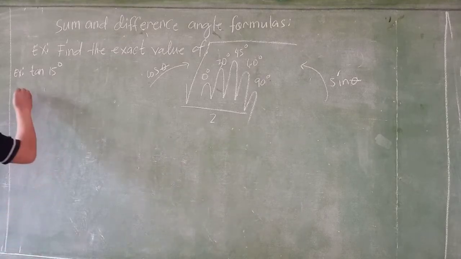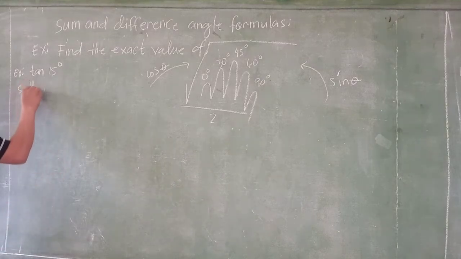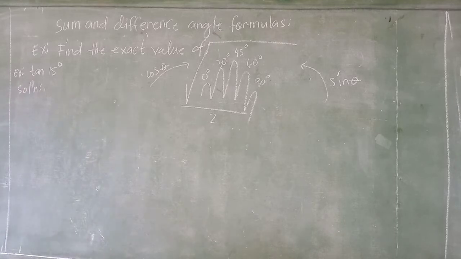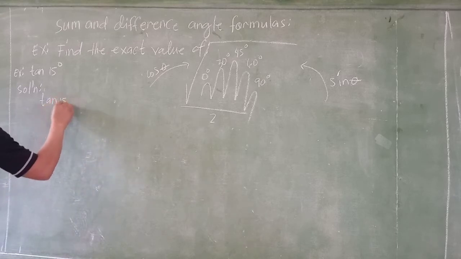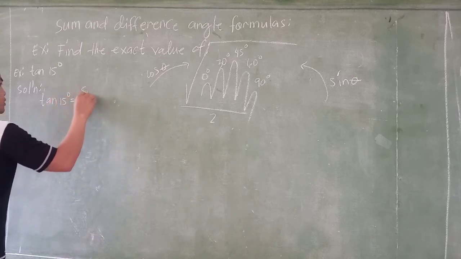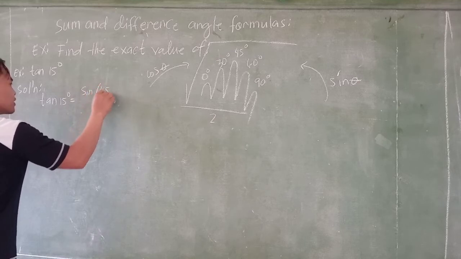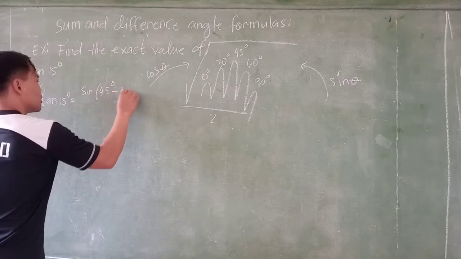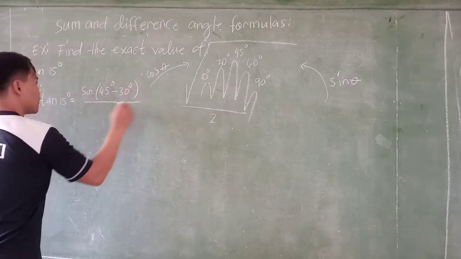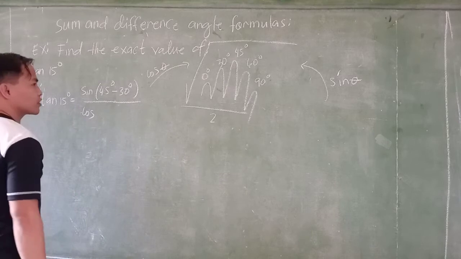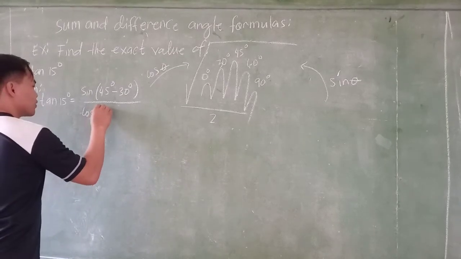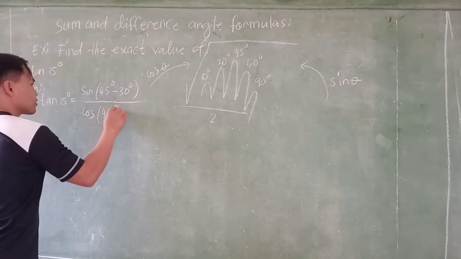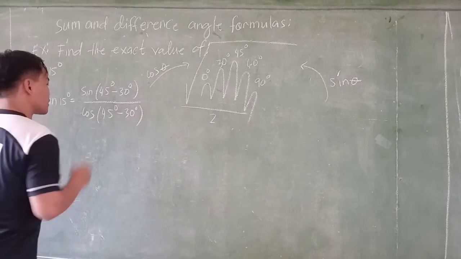So actually, the formula that we will be using is on the difference. That is, tan of 15 degrees is just equivalent to sine of 45 degrees minus 30 degrees over cos of 45 degrees minus 30 degrees.